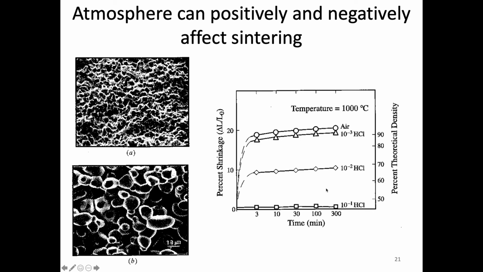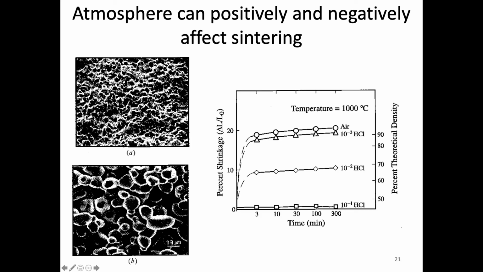So we're basically contaminating the system such that if we introduce too much hydrochloric acid into the system, it actually causes coarsening. So basically that's the images that we see here to here. This is a coarsened system. This is the coarsened system in B. So basically the particles just got bigger, but they didn't densify.